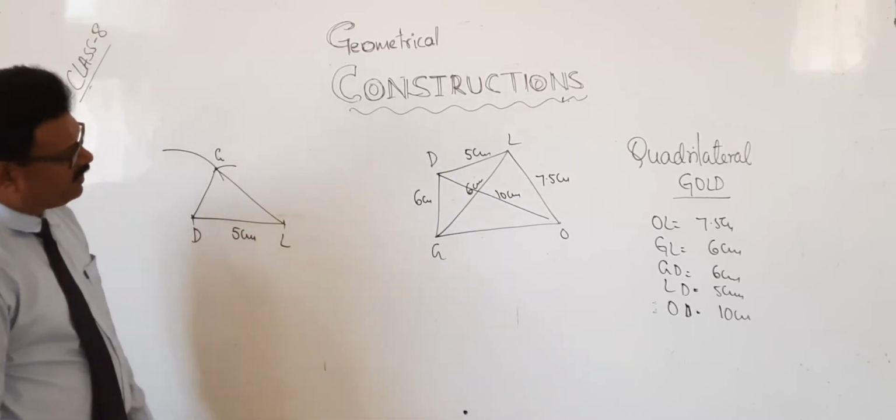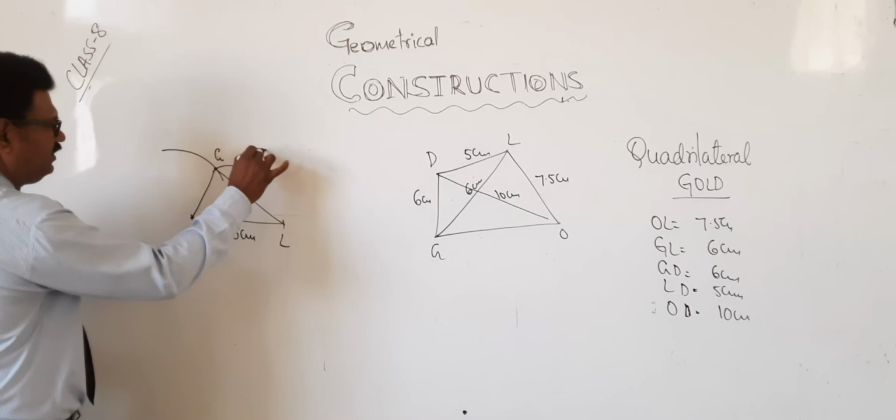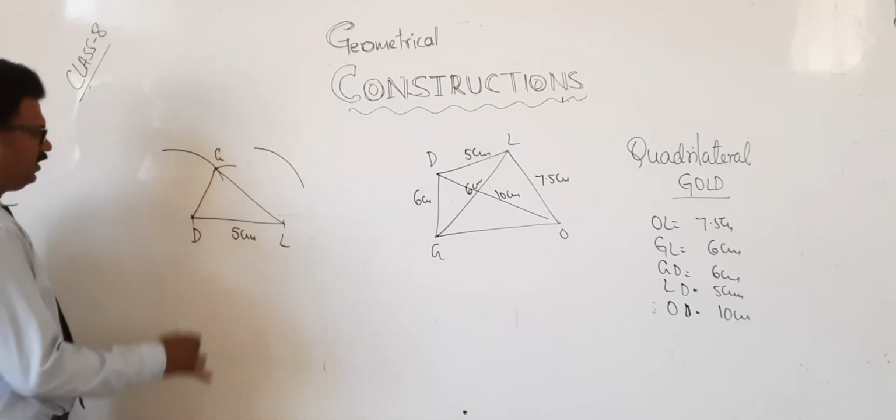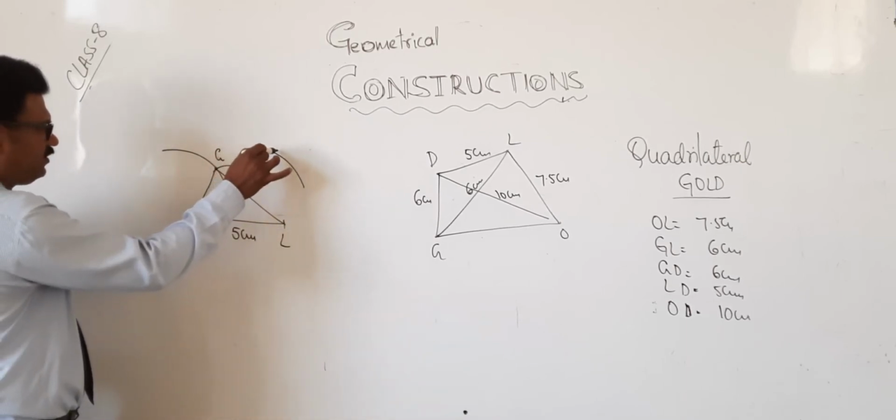LO, how much? 7.5. DO is 10. From here, 10 centimeters.